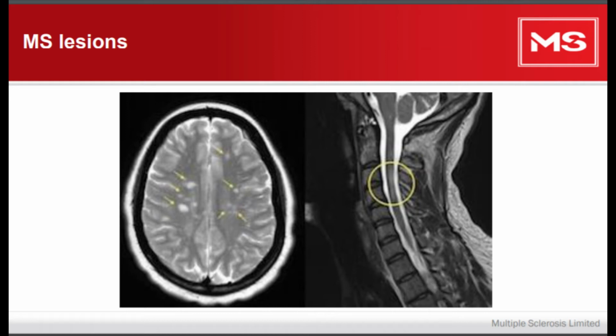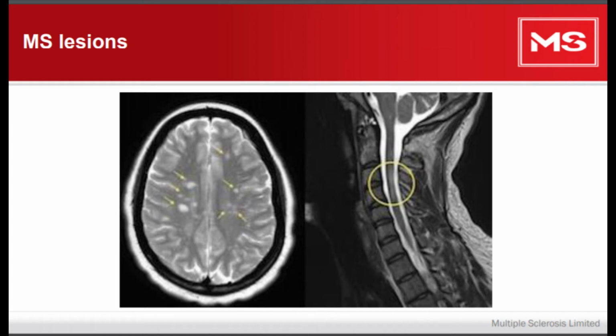We also use an MRI for monitoring brain atrophy or brain shrinkage. Now, sadly, brain atrophy is normal for all of us. Once we get over the age of 25, then the brain starts to shrink, just slowly. And in MS, this can happen a little bit faster than in the general population.